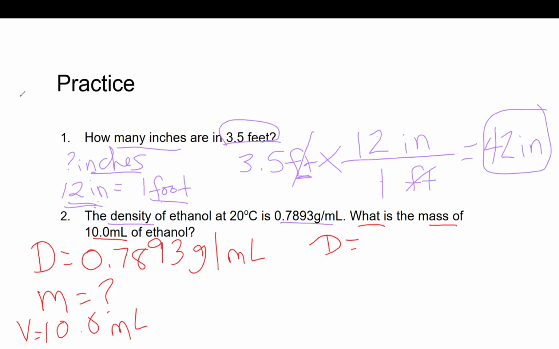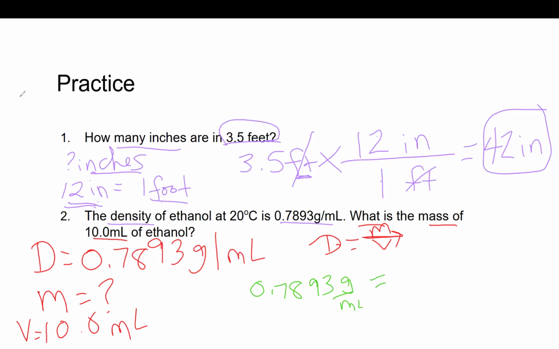Remember, we have density equals our heart with our arrow shot through. So density equals mass over volume. We have our density here. Our density is 0.7893 grams per mil.